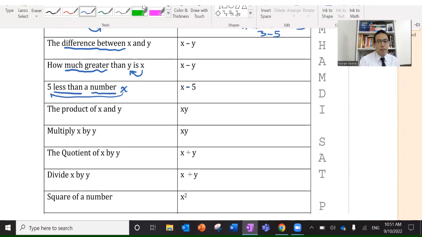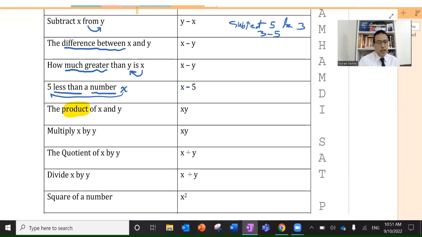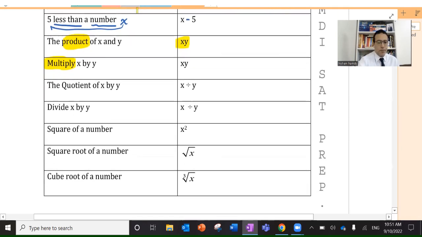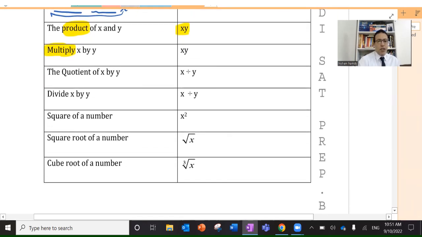The word product is the same as multiply. Product is the answer of the multiplication. So x times y or y times x, it's a commutative property. Quotient is the answer of division.